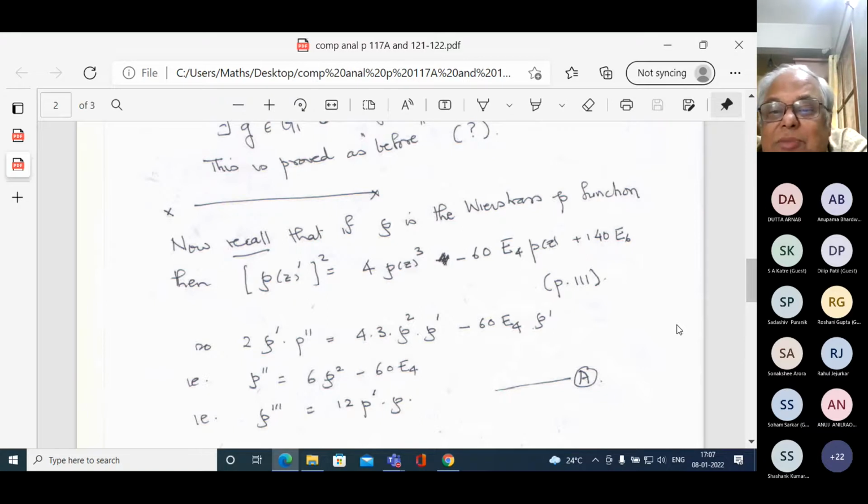That's correct, I'm cancelling the P prime. So P double prime is 6P squared minus 60 E4, and I take one more derivative. So I'll get P triple prime is equal to 12 P prime P. So the Weierstrass P function satisfies the condition that P triple prime is equal to 12 P prime P.